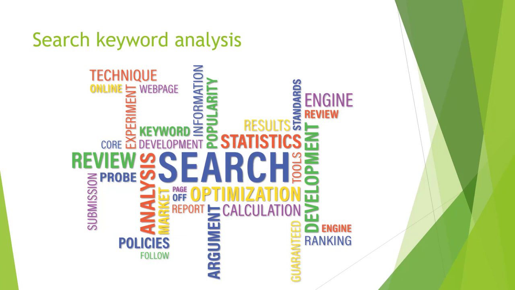Because the competition is going to be stiff in a lot of areas, you're probably not going to be able to successfully compete on short-tailed keywords like red wine, but rather you'll have to go to longer-tailed keywords in order to get a good ranking. An example of a longer-tailed keyword might be red wine for cheese or chocolate.